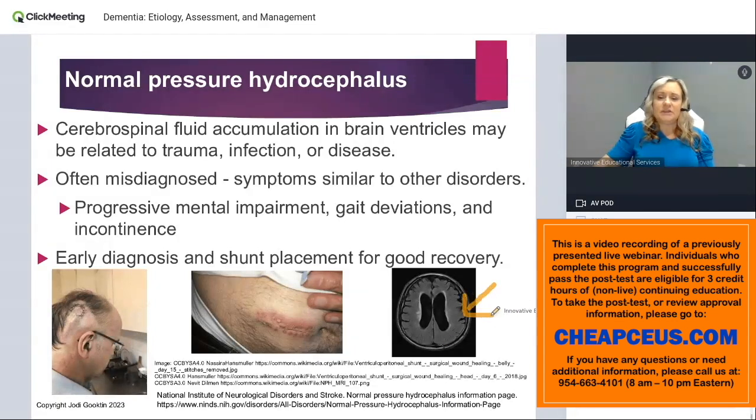If we look at this image on the far right, as we examine the individual, we're going to see changes in those ventricles and enlargement of them because of that change in the cerebrospinal fluid. And this is going to place pressure then on different brain structures.